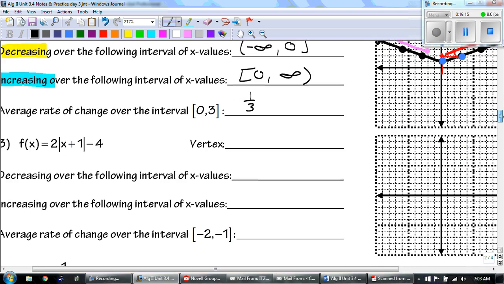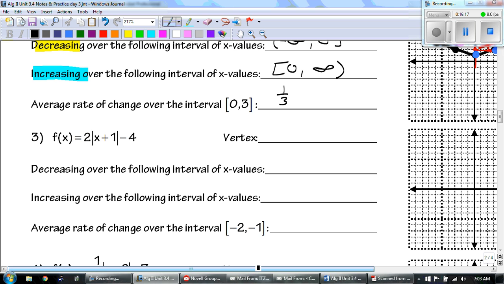Okay. Number 3. Let's set it up together. So it's positive, which means there's no reflection. Remember that 2 is our rate of change, which is telling us to go up 2 over 1.